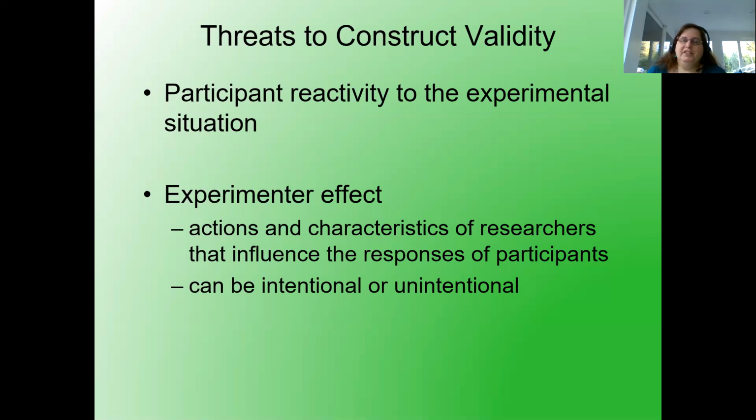So that can be definitely a problem. The other problem that can come up is experimenter effect. And these are actions and characteristics of researchers that influence the responses of participants. And it can be intentional or unintentional.